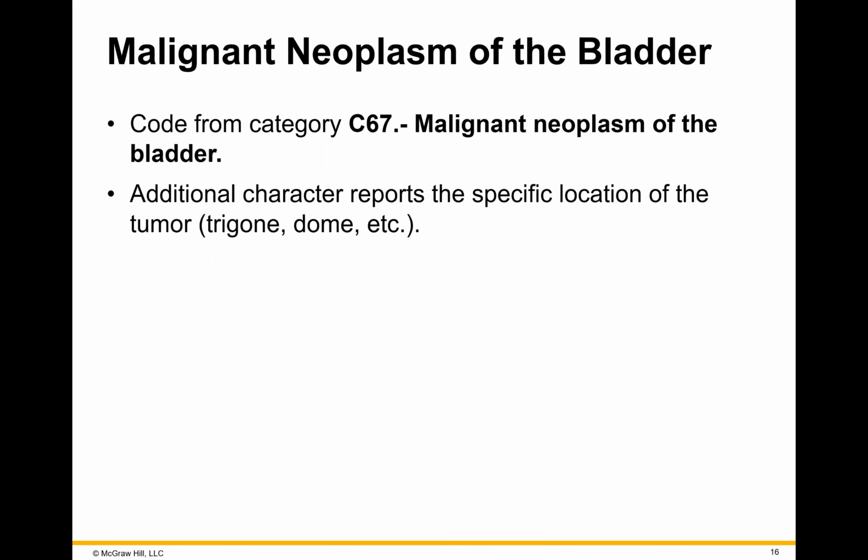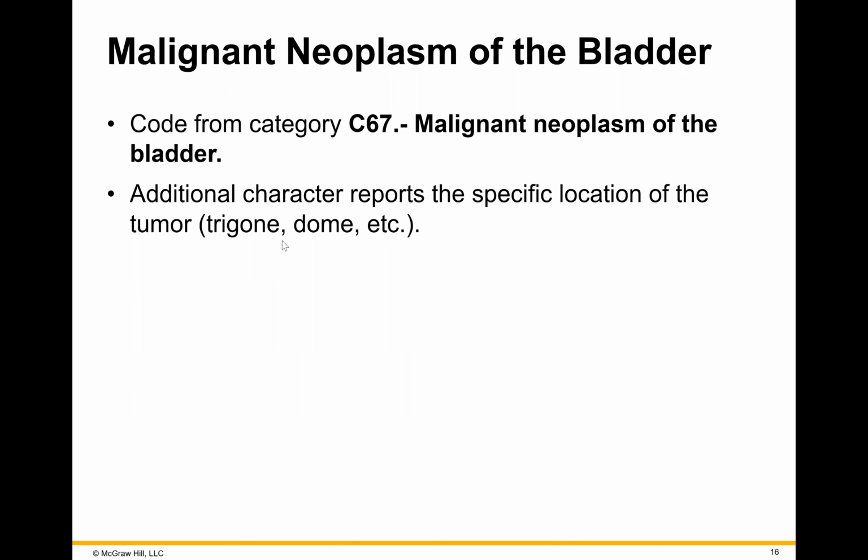You can also have malignant neoplasms or malignant cancers. Again, this would be like coding any other type of cancer using the neoplasm table. However, you do want to look to see what specific location of the bladder the cancer is in, because that will give more specificity to the other characters.